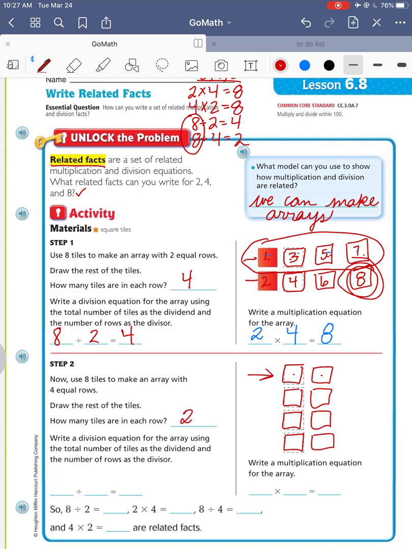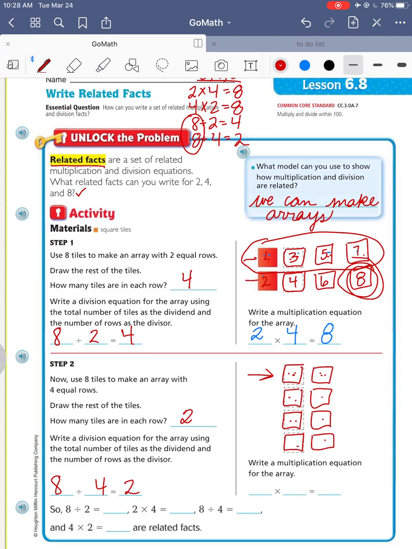Write a division equation using the array. The total number of tiles is the dividend and the number of rows is the divisor. So how many total tiles do we have? 1, 2, 3, 4, 5, 6, 7, 8. Divided by how many rows? 1, 2, 3, 4 equals how many are in a row? 2.